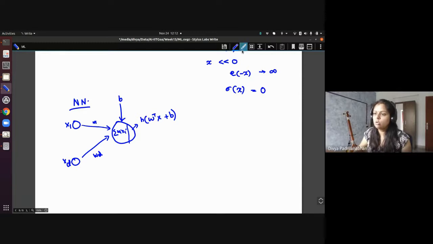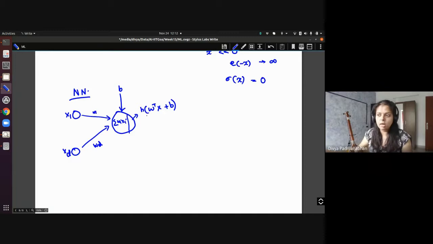Now what you can do is you can also have multiple such components. So this is one weight vector. Now you can also have another weight vector, another set of weights. Let me say this is W11 and this is WD1, and maybe I can call this W12 all the way up to WD2.